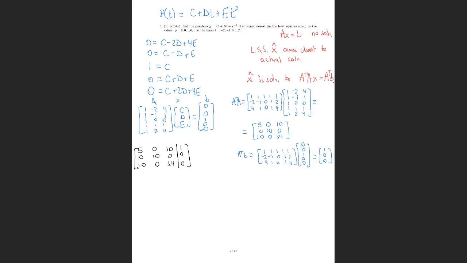Let's go ahead and just do one row operation. I'll do row 3 minus 2 of row 1. So that will give me 0, 0, and 14.